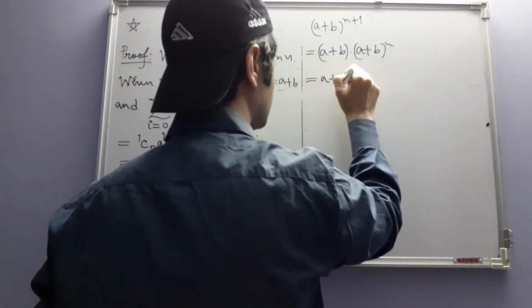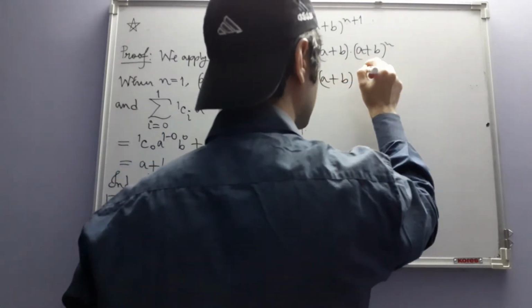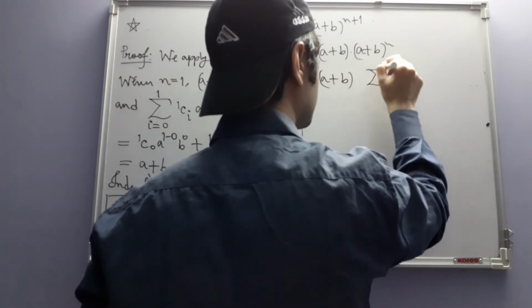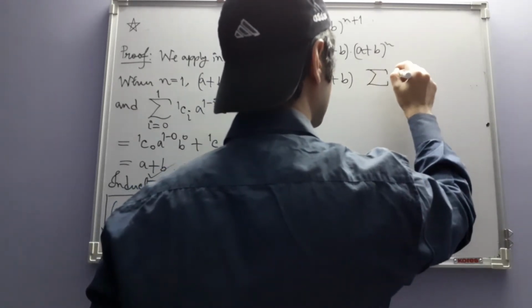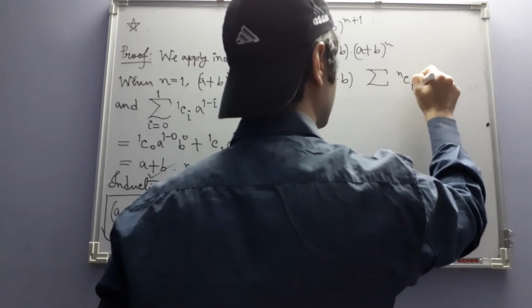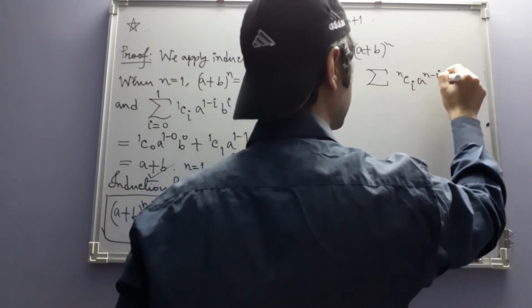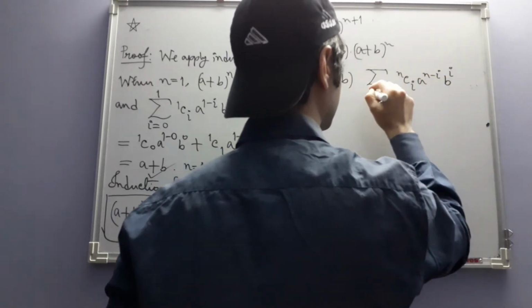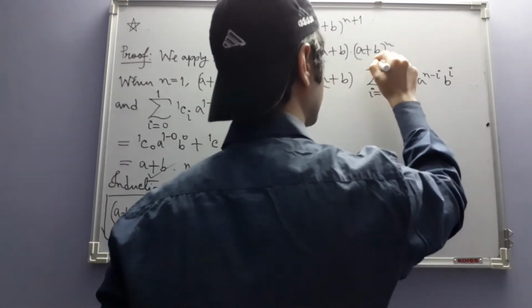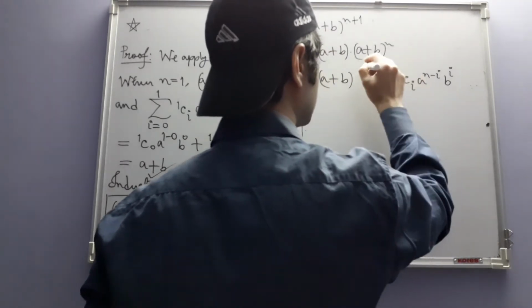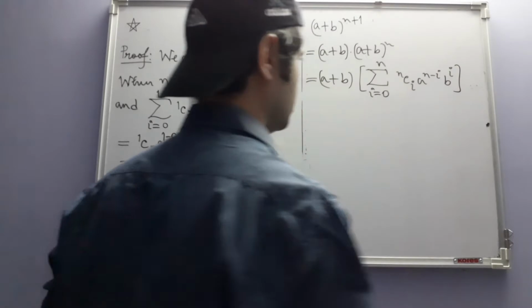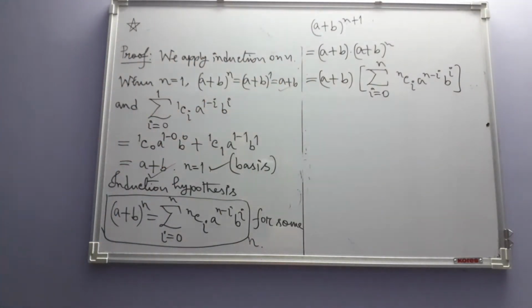Okay, that's what we are going to do here. (a plus b) times summation i equal to 0 to n nCi a to the power n minus i, b to the power i. For safety, I am writing this within brackets.